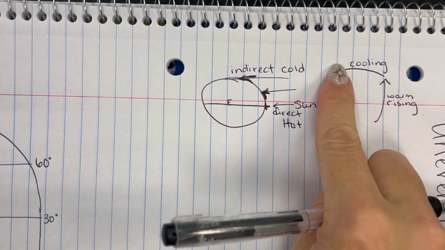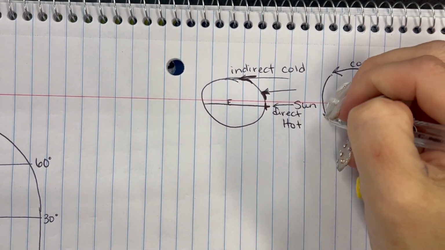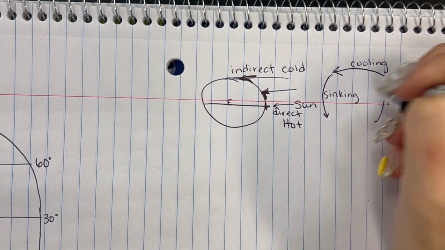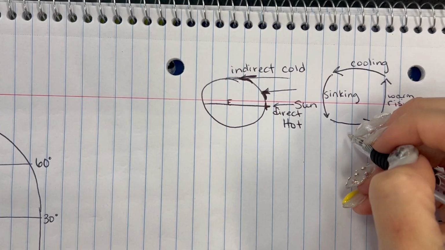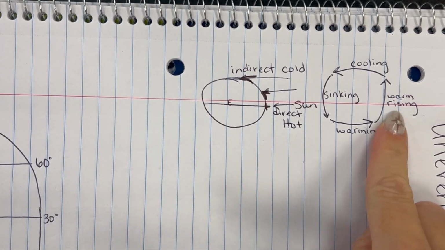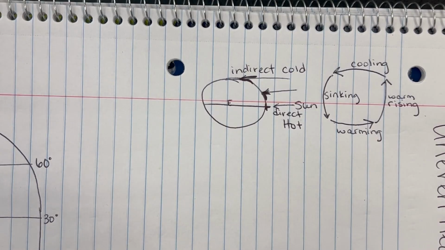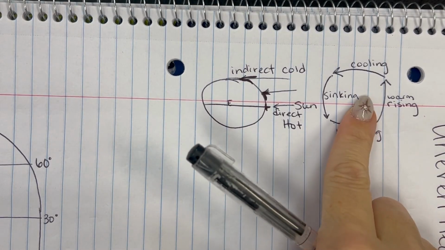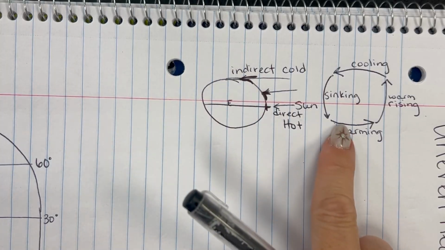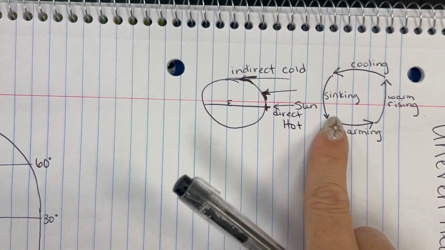That hot air, once it's risen, must start to cool. That cooler air then sinks. So this is sinking, and then our arrow down here is warming. Warming, rising, cooling, sinking. Convection, uneven heating: direct hot, indirect cold, warming, rising, cooling, sinking.